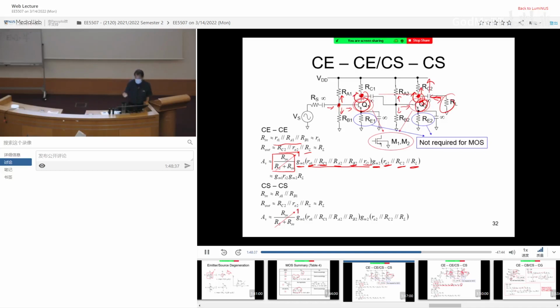Usually as a designer, you probably can choose. I can make RI2 dominate. RA2, RB2 is what you pick. R02, R01 is big. RC1 you can also pick. So if you pick the resistors very big, then eventually dominated by RI2, the whole thing simplifies to RI2. Okay? And then at the output, if you pick RC2, R02 relatively big, then everything is limited by RL. So you can simplify the gain accordingly.